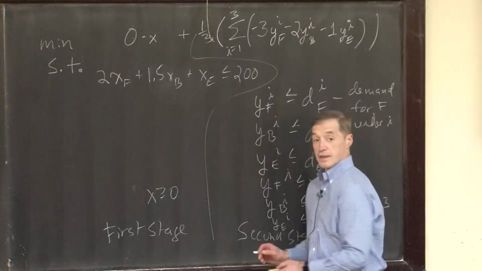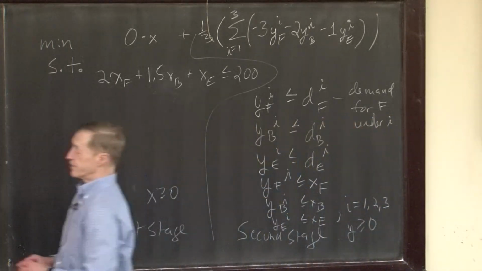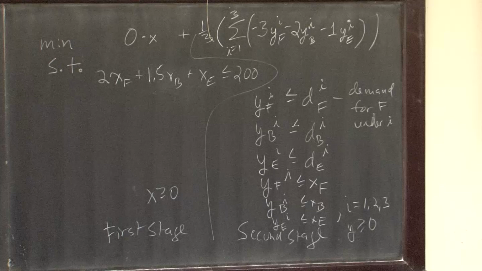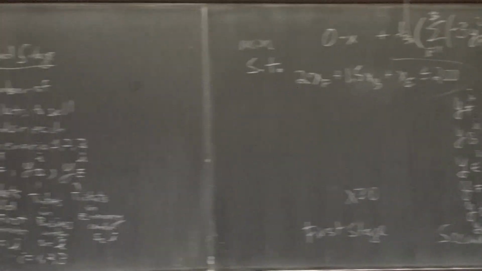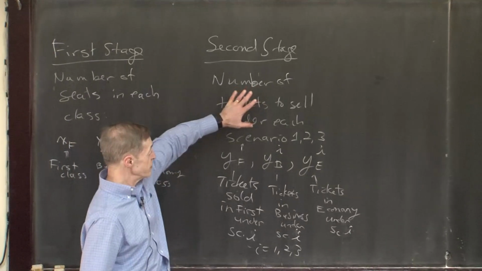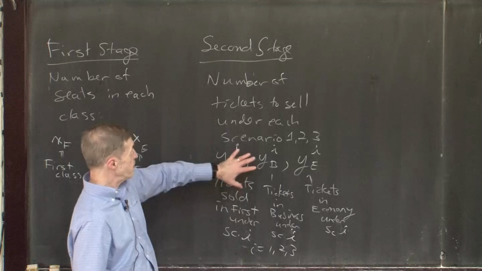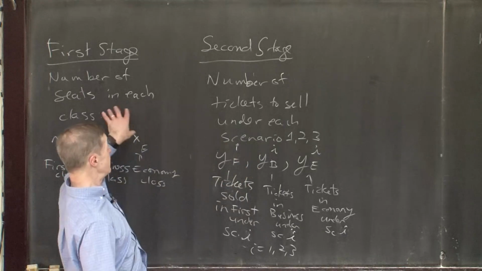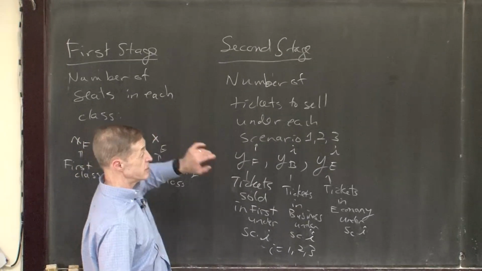Okay, so this has the form of the stochastic program. So the stochastic program says we have a set of first stage decisions, we have a set of second stage decisions, which are going to depend on what I do in my first stage.